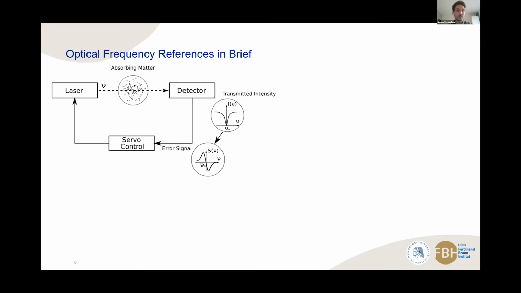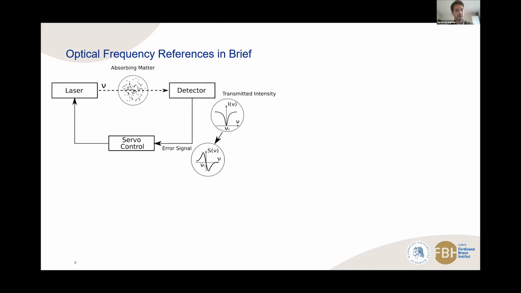Optical frequency references are based on lasers that emit light at a specific frequency. If you put some absorbing matter in the path of the light beam and detect a signal on a detector, you can see a spectrum by varying the frequency, with a dip if you hit an absorption line of this medium.